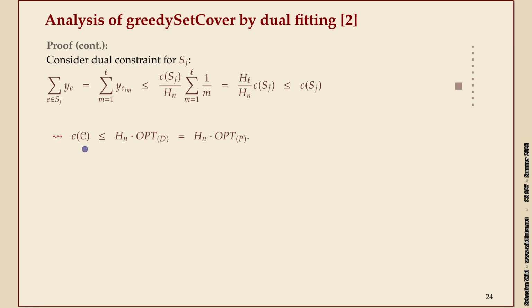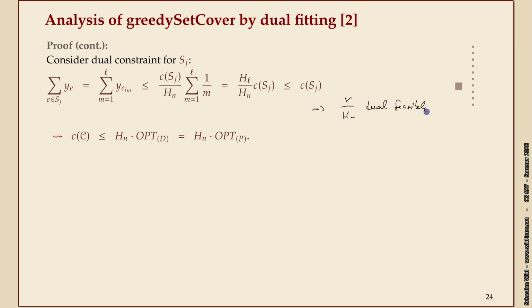And the sneak peek here you already had is if you show this for all the constraints, that means our scaled down y divided by Hn is dual feasible.